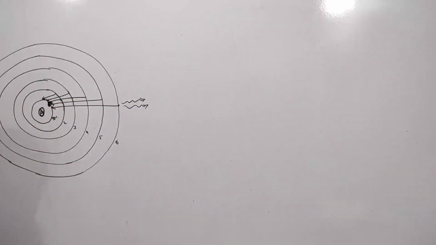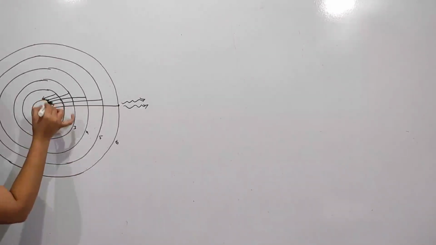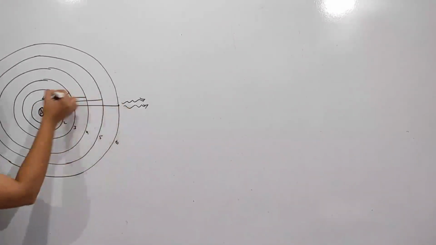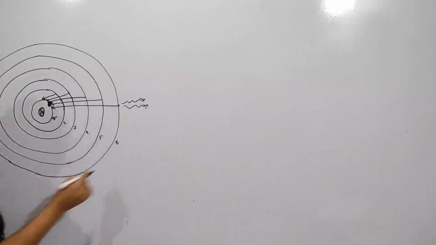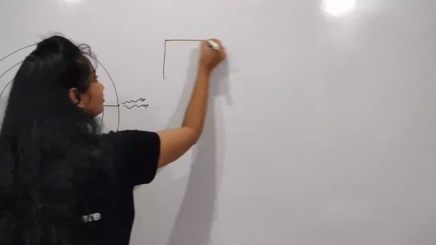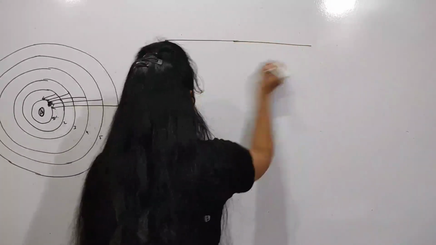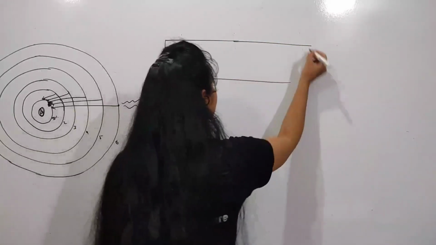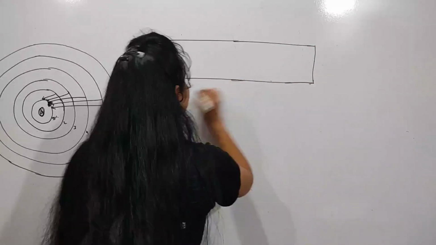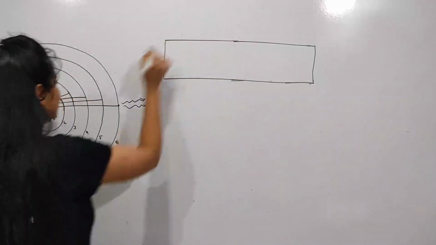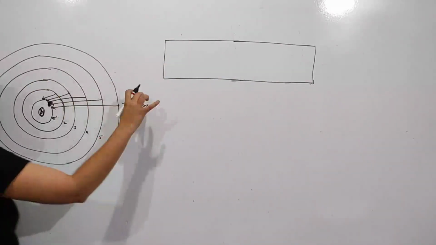Like this, we get a series of lines, or different transitions. In the spectra we get the series of lines. So this is one set of transitions.